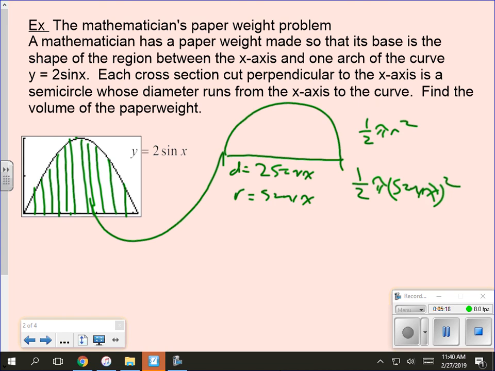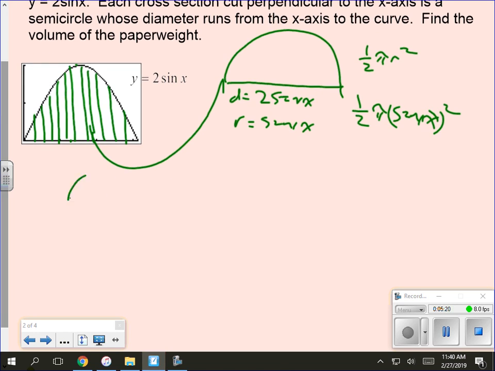So my integral to solve this problem is pi over 2 sine squared x dx. Pi over 2 sine squared x is the area of my semicircle, 1/2 times pi times r squared. So it's the integral of the area dx.